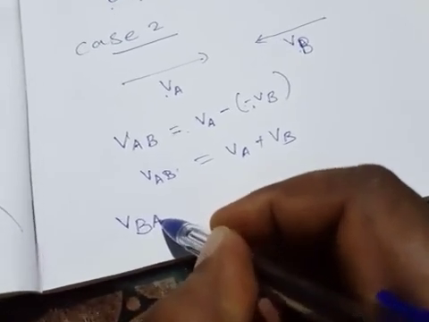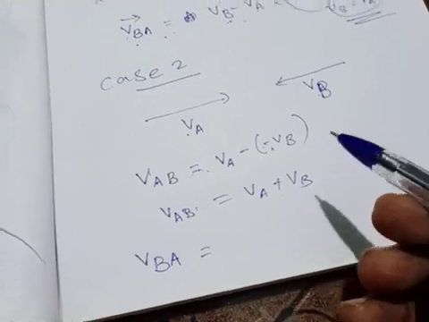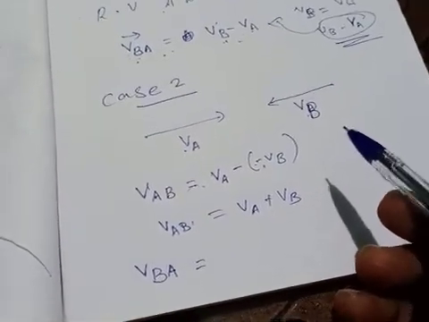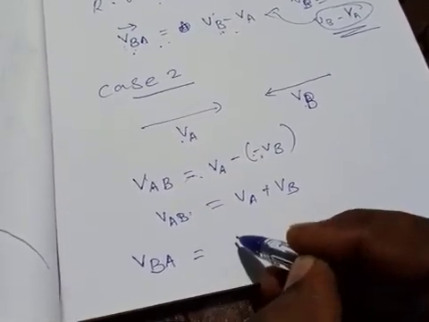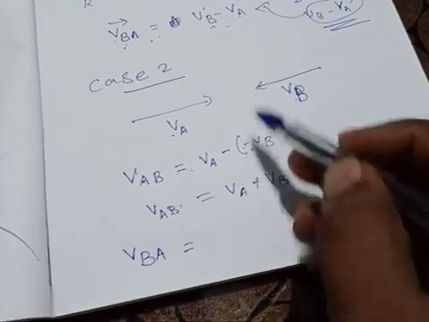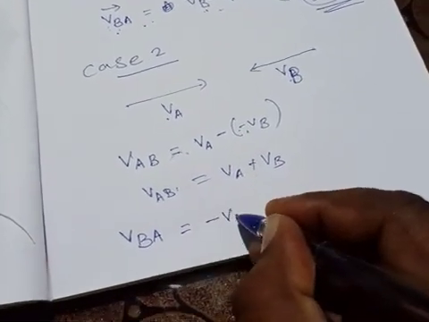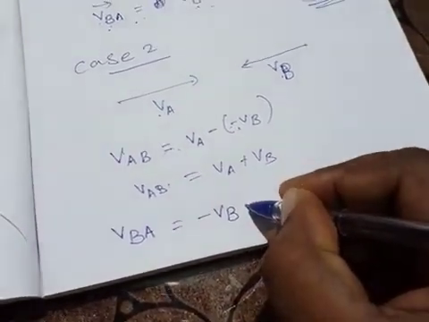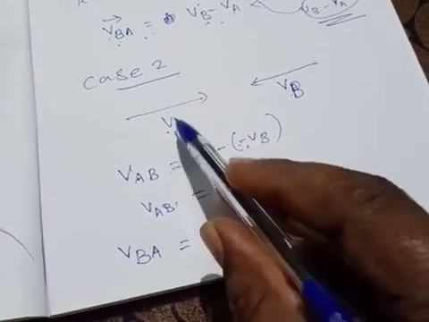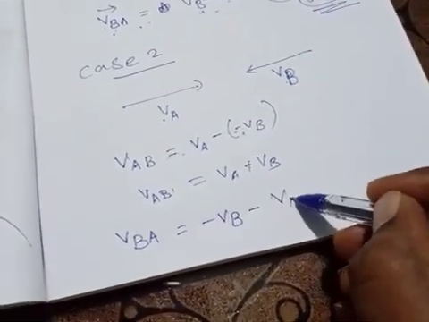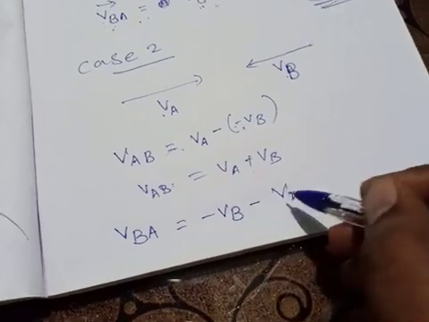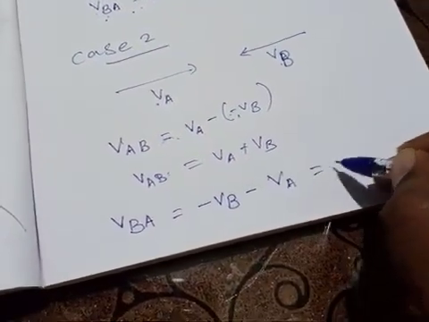Now let us see the relative velocity of object B with respect to A. B with respect to A means, first VB is moving in the opposite direction, so minus VB, then minus VA, positive, no? So VA. This minus you take commonly outside.